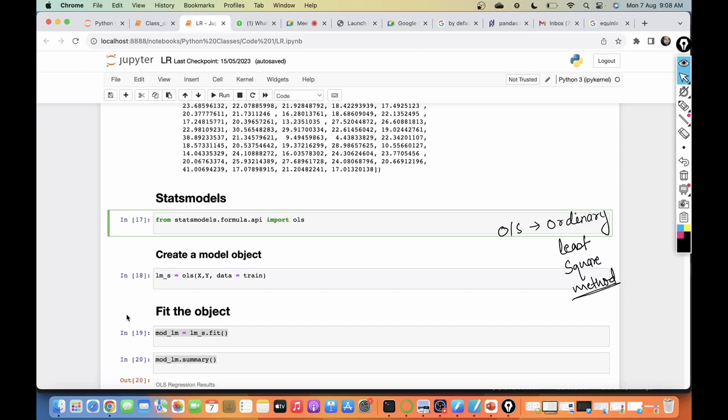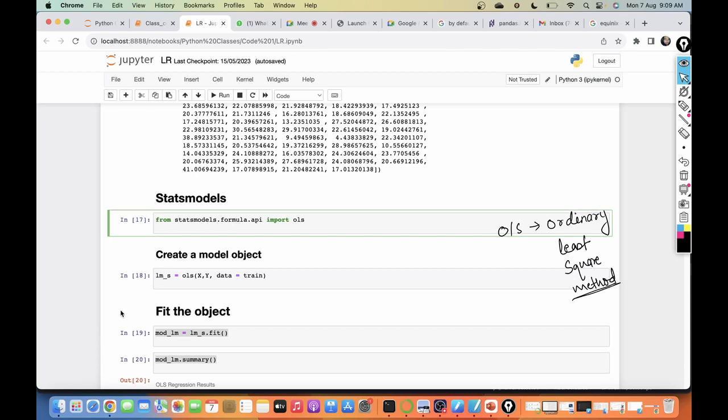Right now we got the y cap from the Sklearn, scikit-learn, right? Now we will find the same values with the Statsmodel, but Statsmodel provides us more insights for the linear regression, because linear regression is a statistical model, and it provides more insights about the data that we have provided.